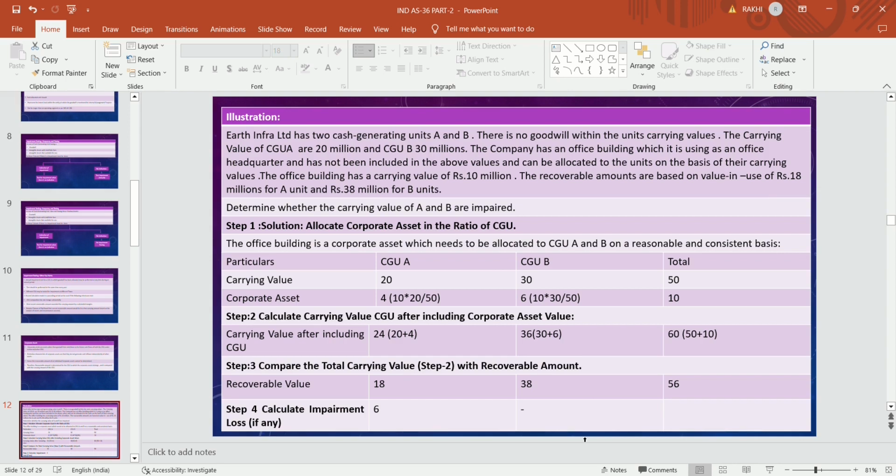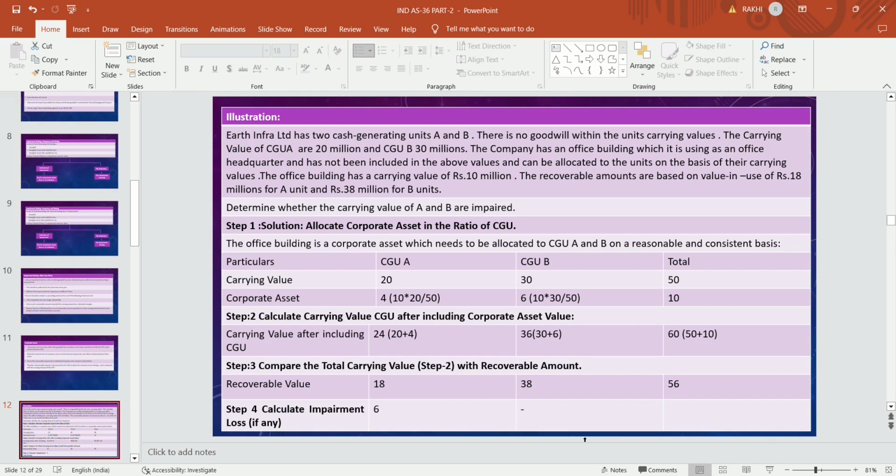The company has an office building which it is using as an office headquarters. It has not been included in the above values and can be allocated to the units on the basis of their carrying value. The office building has a carrying value of 10 millions, and the recoverable amounts, based on value in use, are rupees 18 millions for unit A and 38 millions for unit B.